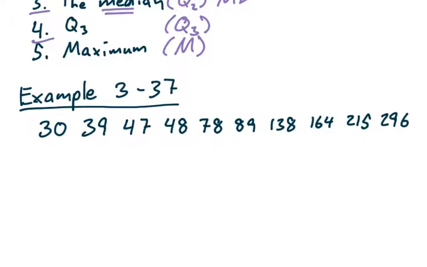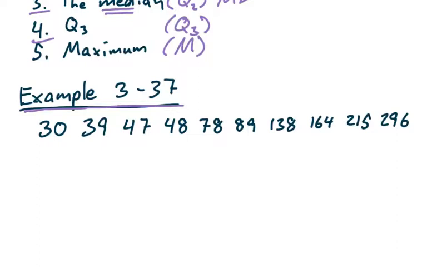So the first example that we'll look at is example 3-37, and this is pertaining to the number of meteorites that were found. It says the number of meteorites found in 10 states of the United States is 89, 47, and so on and so forth.